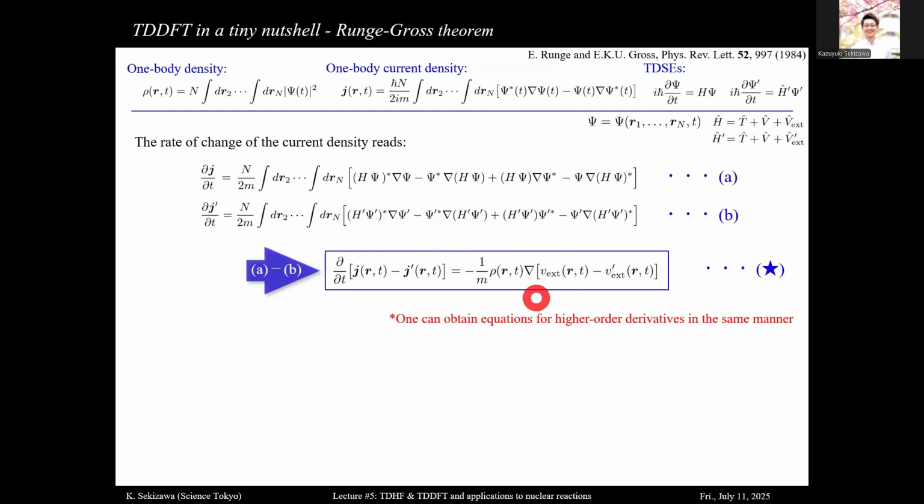So it indicates that if the external potentials V and V prime are different, okay, so right-hand side, if the right-hand side is non-zero, then time derivative of the current density, J and J prime, will be different. Okay. So it indicates already that the correspondence, I mean one-to-one correspondence between the external potential and the current density.